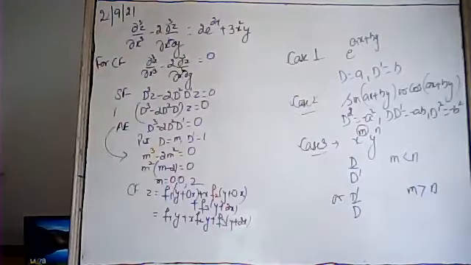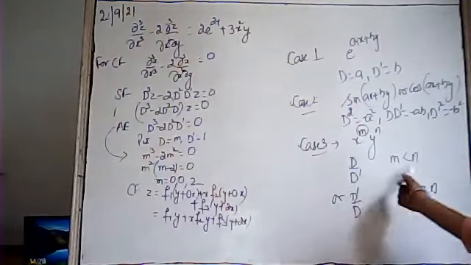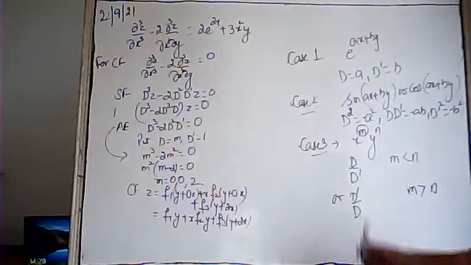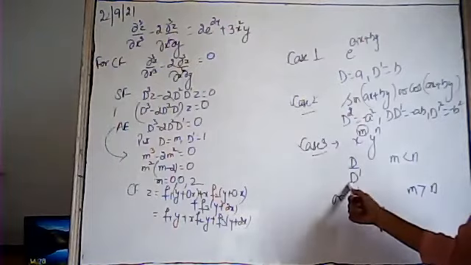Beta, please note down this step. This is our next case. If we have m less than n, in that case we are to expand in the form of D/D'.